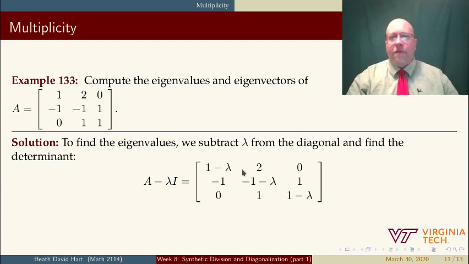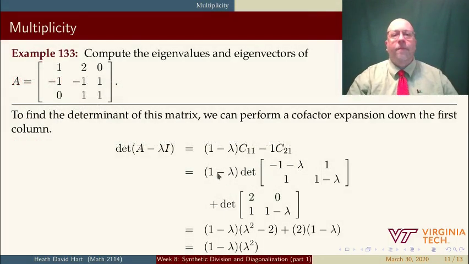So we subtract lambda from the diagonal, we find the determinant here. This is just writing out the steps that we did before. We get 1 minus lambda times lambda squared. And so the roots are lambda equals 1, and lambda squared, that's lambda equals 0, and lambda equals 0 a second time.